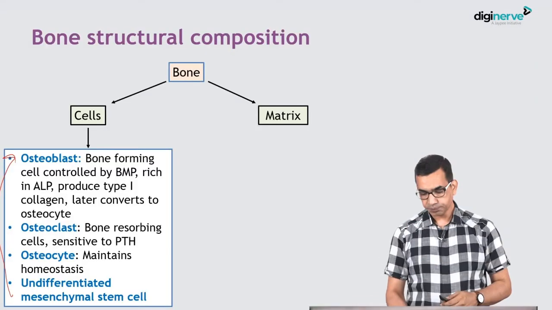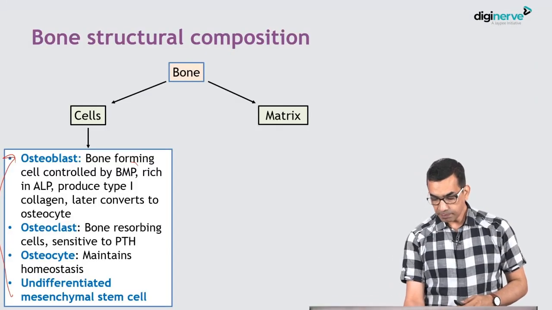Now all of you know what an osteoblast is. It is a cell principally responsible for forming the osteoid, or laying down the matrix in which the hydroxyapatite crystals are deposited, which is going to harden the bone.